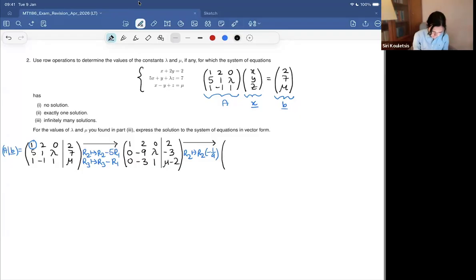The rest of the rows don't change. Okay, so far so good.